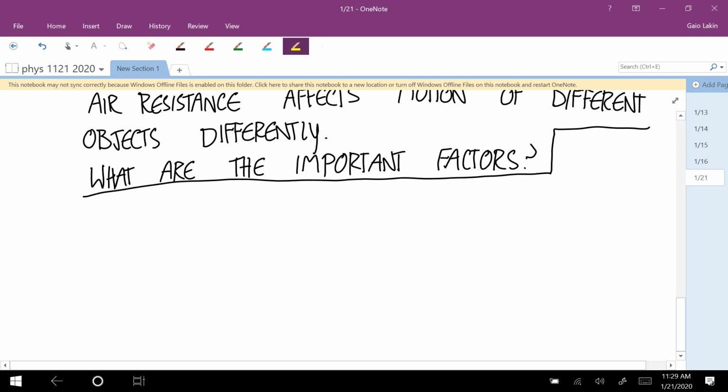Yeah, so yes, that is one, surface area. Mass is one, yes. Yep. Shape, yep. So if it's very aerodynamic, and there's one more important one.